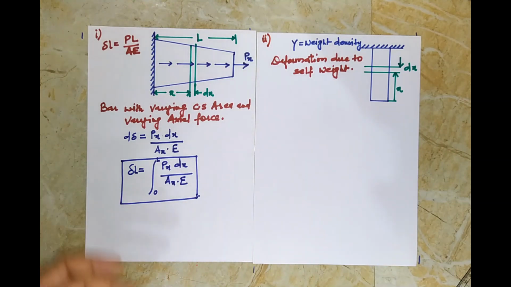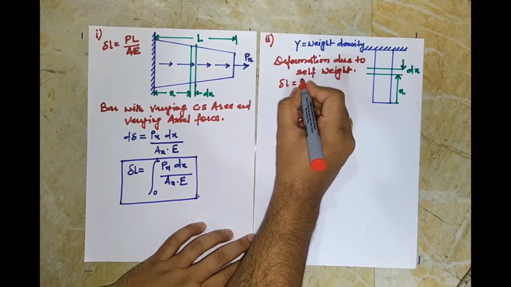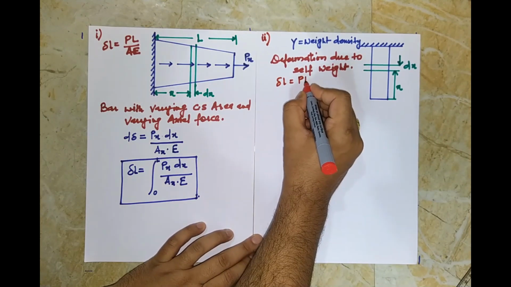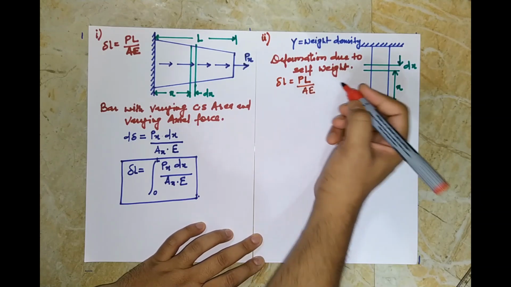As we have already learned this formula, we will again repeat it. Change in length is equal to load acting times length of the bar divided by area of cross section times Young's modulus.